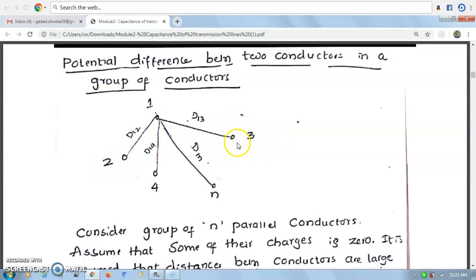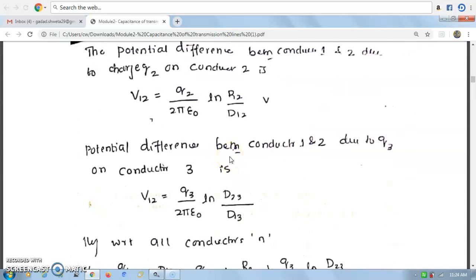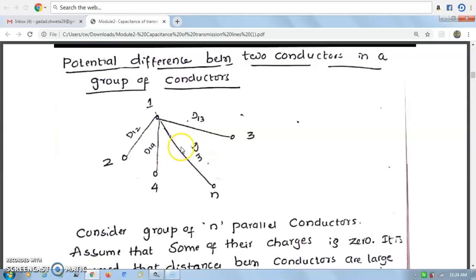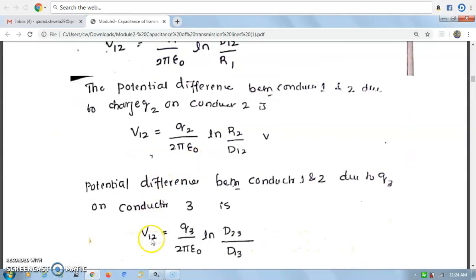See, due to the third charge, the potential between 1 and 2. So you take the distances from 1 to 3 and 2 to 3. Which is the first here? V1 to 2: the second one is 2, and the first one is 1.